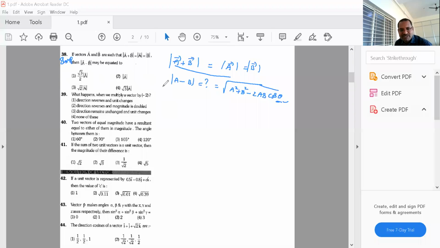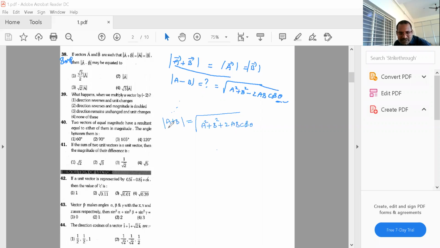The condition is modulus of a plus b is equal to, we know, under root of a square plus b square plus 2ab cos theta.